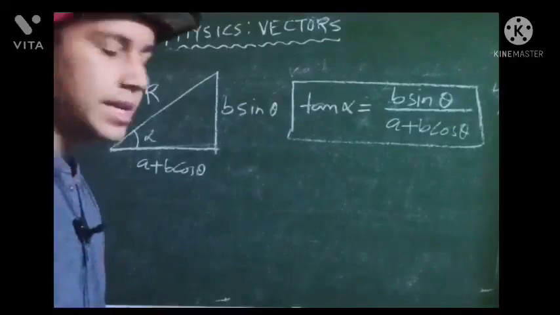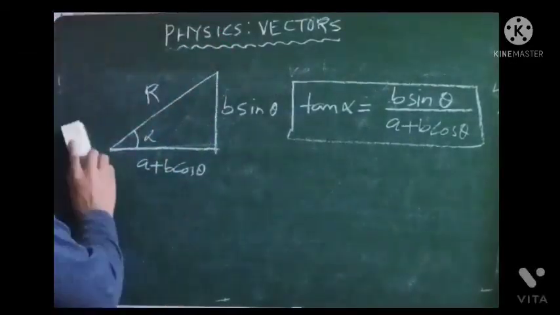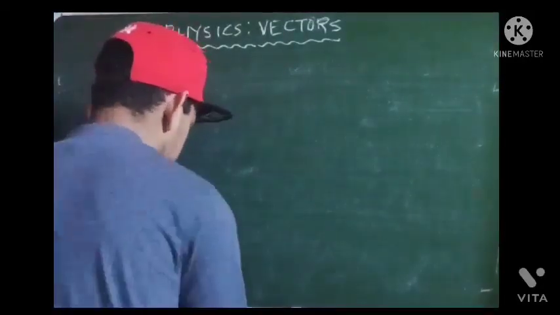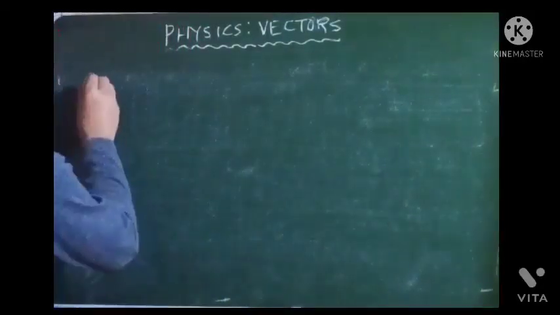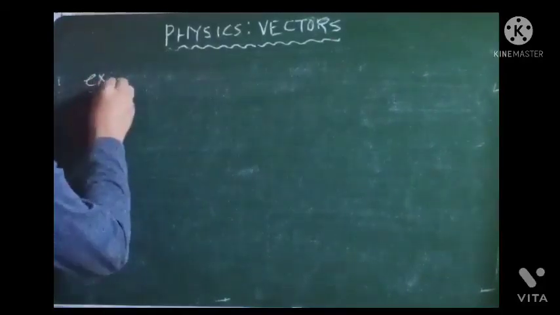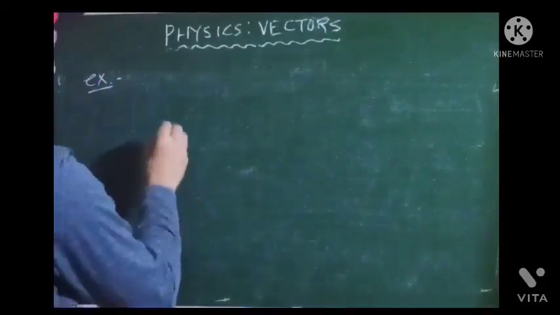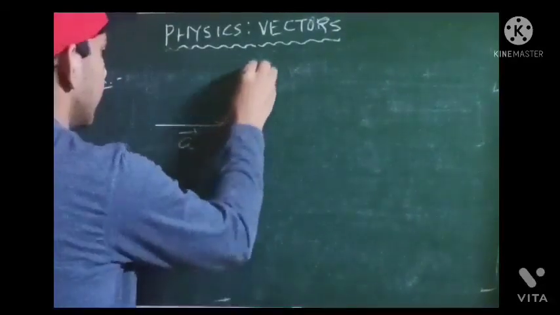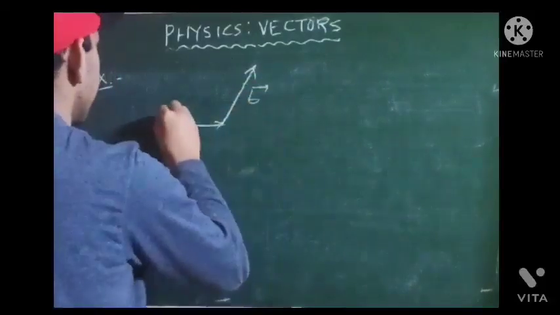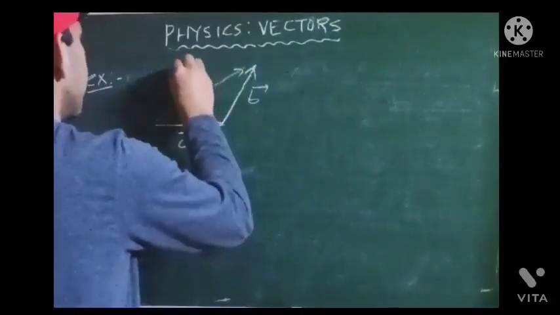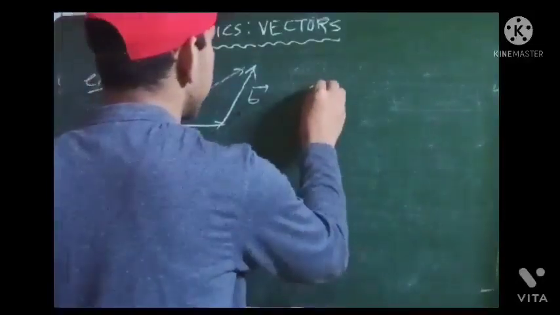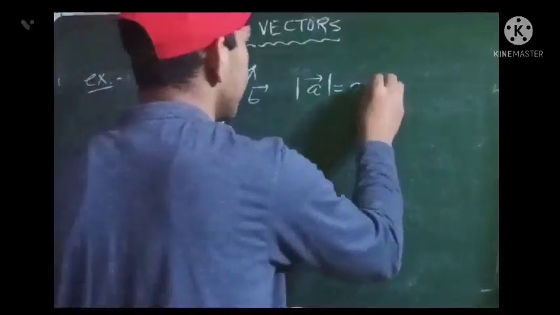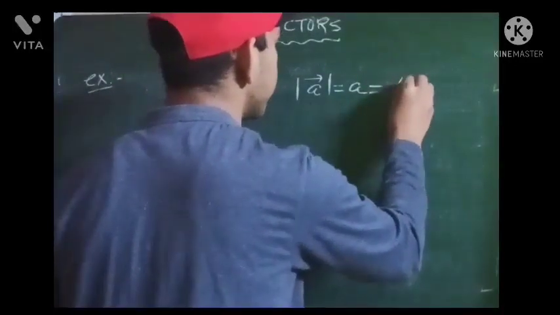Next we are going to discuss a simple illustration based on this formula. Suppose, let us take one example. Let this be a vector and this be b vector, and this is the resultant vector. We are given that the magnitude of a vector, which can also be written as a, is equal to 4.